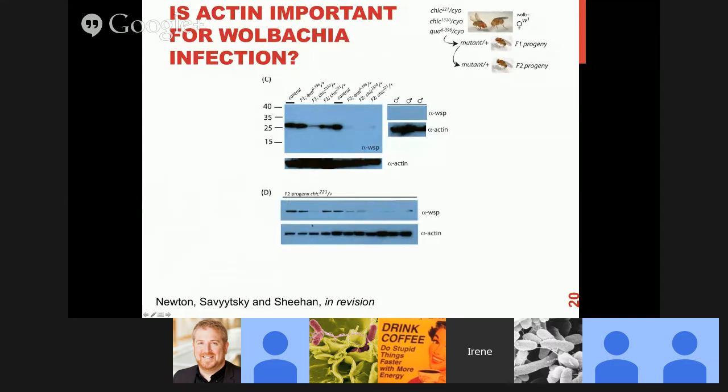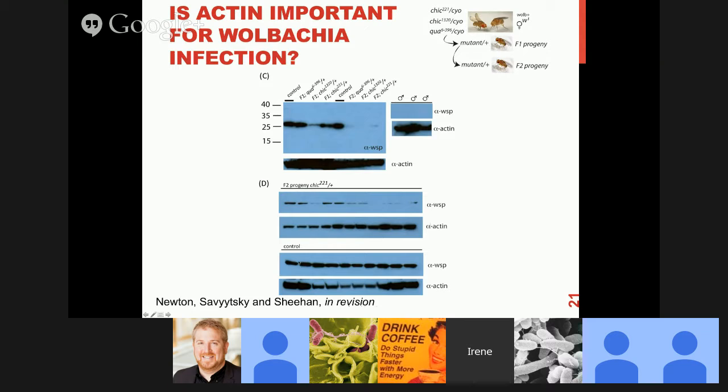And this is a variable phenotype, so if you look across individual F2 progeny in this particular background, you'll see significant reductions, or you'll see what look like relatively less severe reductions across the board, but certainly less than what we see in our control flies, where we always see a very large amount of Wolbachia, at least based on the anti-WSP probing on this Western blot.